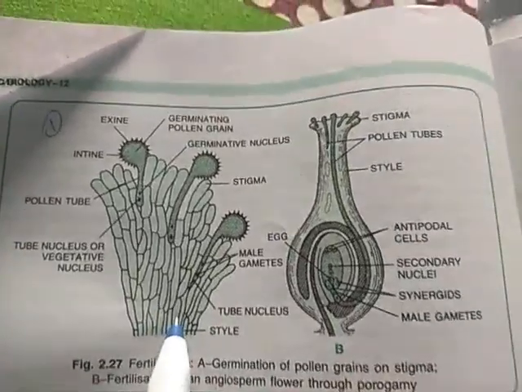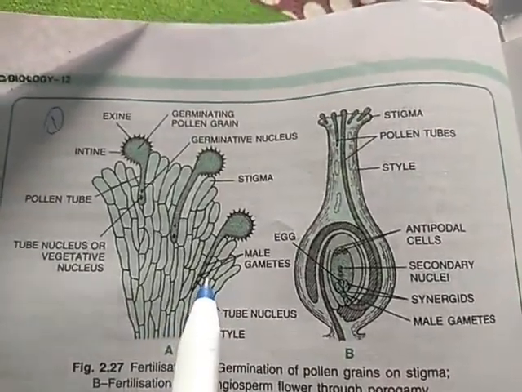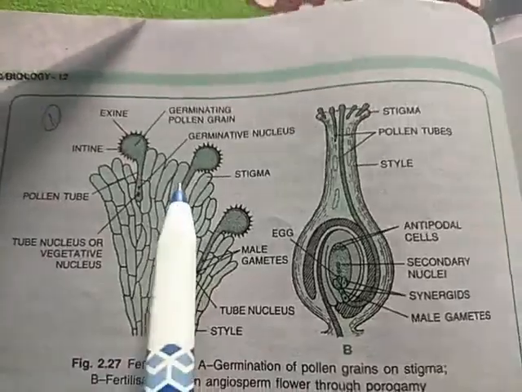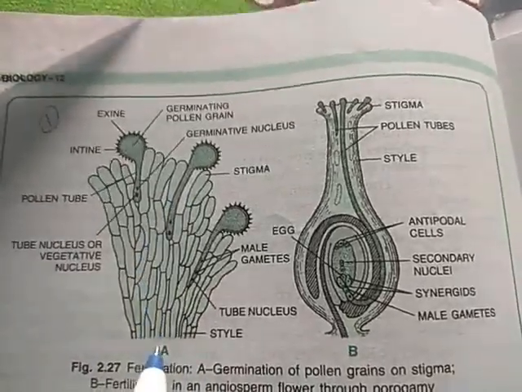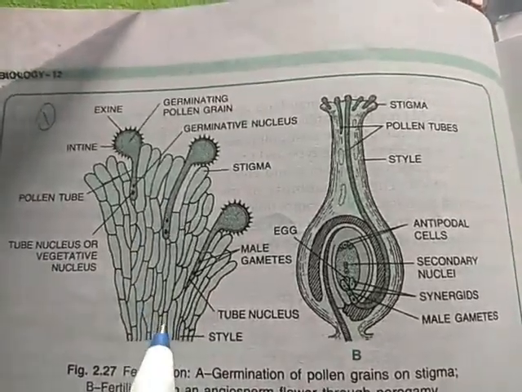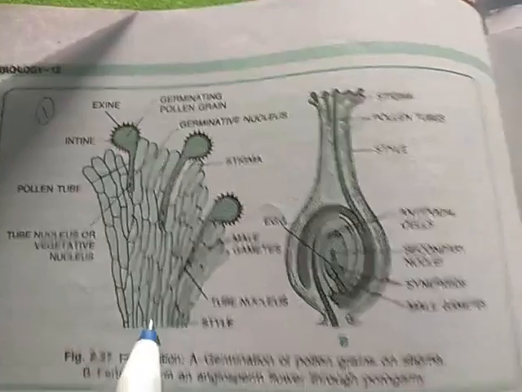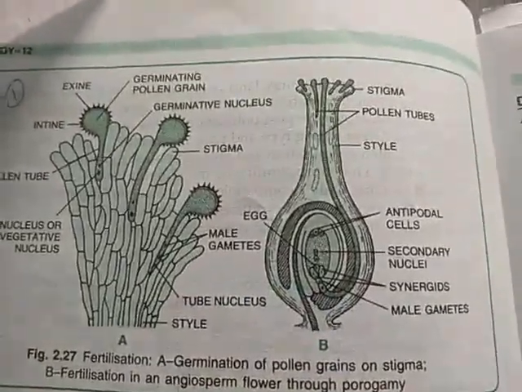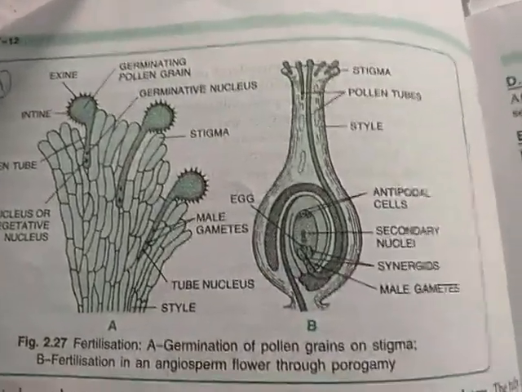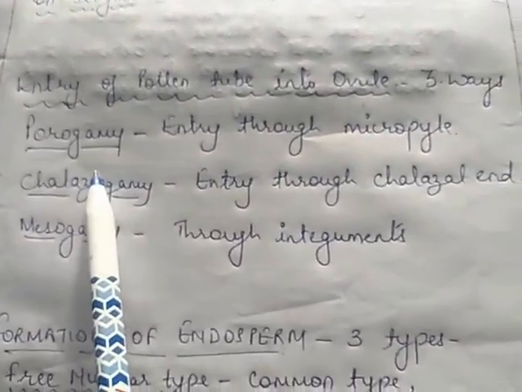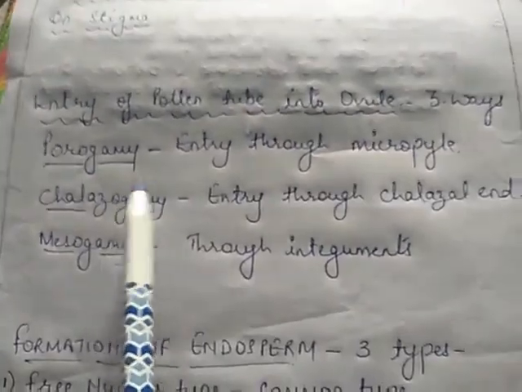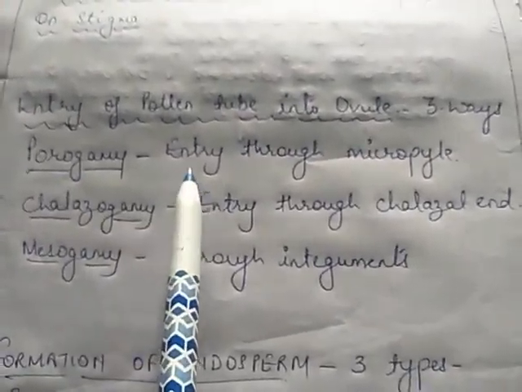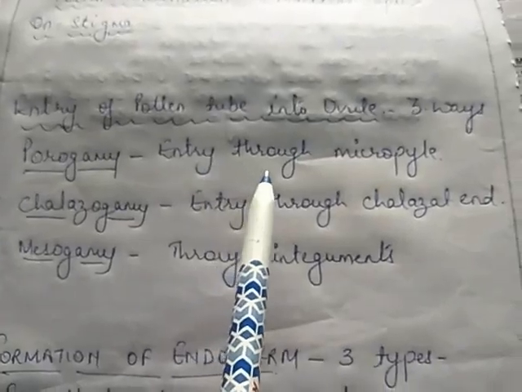Now, I already told you that the pollen tube will find its way to the ovule in 3 ways. What are those 3 ways? Number 1, porogamy. Now, what is porogamy? Porogamy is entry of pollen tube through micropyle.